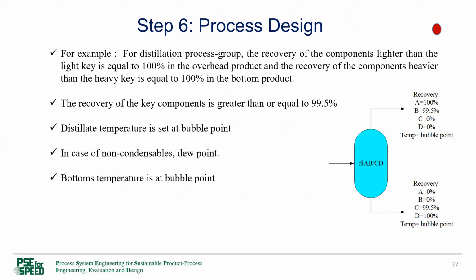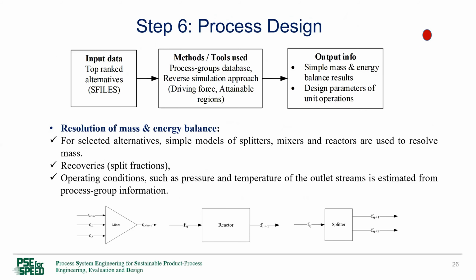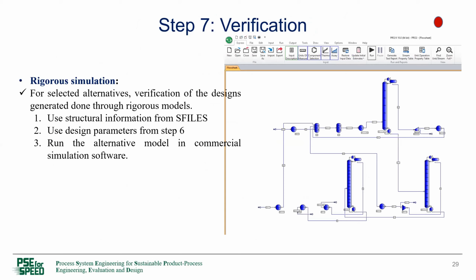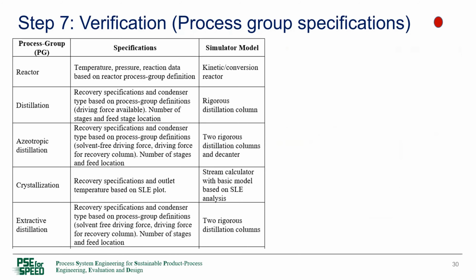Sorry, and then we don't go to step 6 now because we will talk about it tomorrow. So I will skip this once. And we also have a list of every process group, what kind of specifications are needed to be able to do a process simulation. These will be used tomorrow, so I will not go through it now.